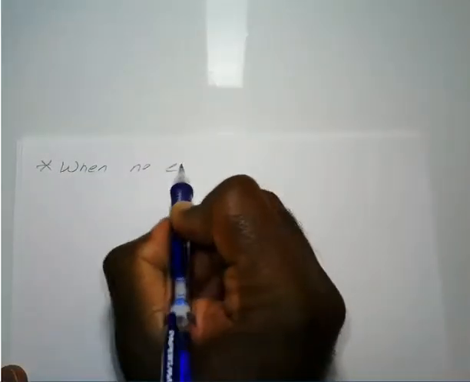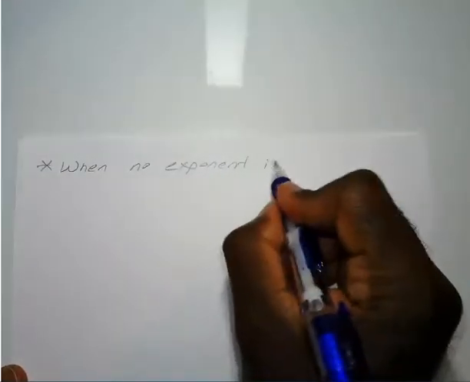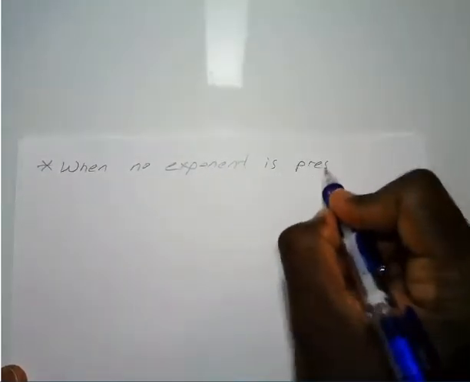Now, just a quick note: when no exponent is present, you assume it has an exponent of 1.